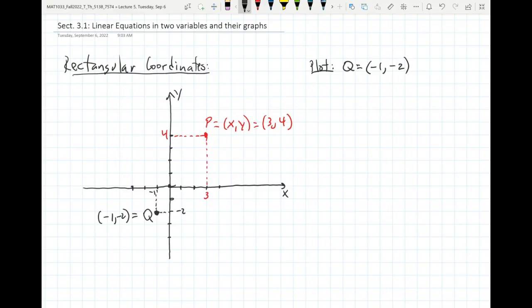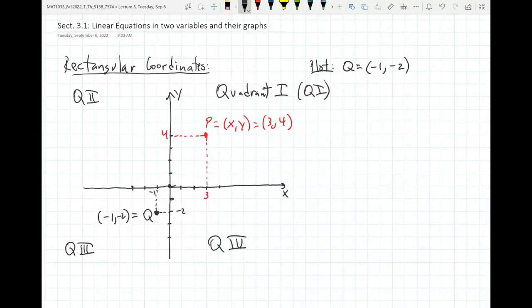They have names. So this is called quadrant 1. Typically, we just denote this by the letter Q and then the Roman numeral 1. So this one is quadrant 2. This one we call quadrant 3, and this one is quadrant 4.